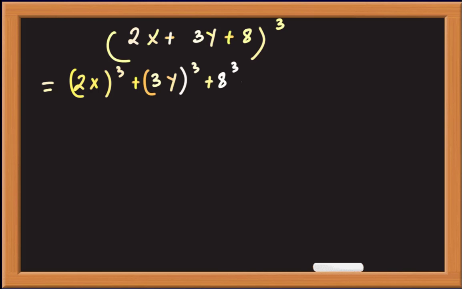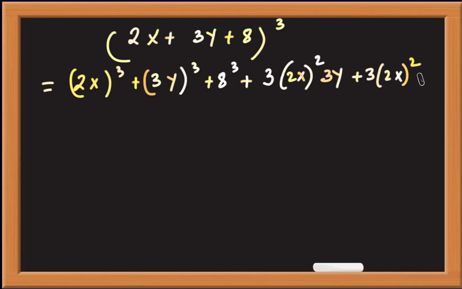Now the first one, 3 times the first term squared multiplied by the second term, so 3 times (2x) squared times 3y, plus the first term again squared, 3 times and then multiply by the third term, 3 times (2x) squared times 8, plus 3 times (3y) squared times 2x.